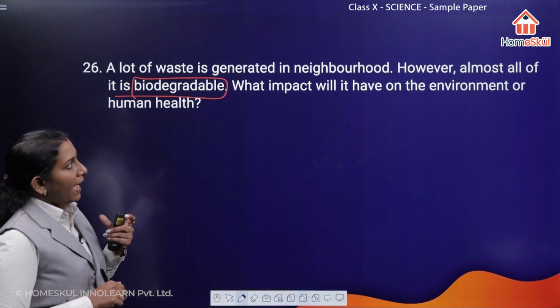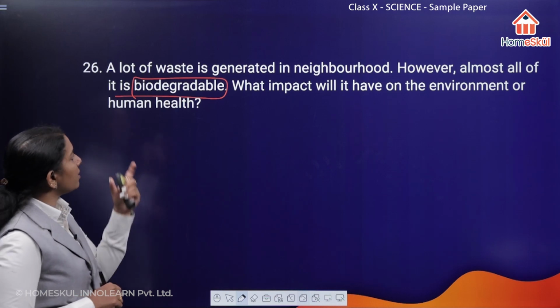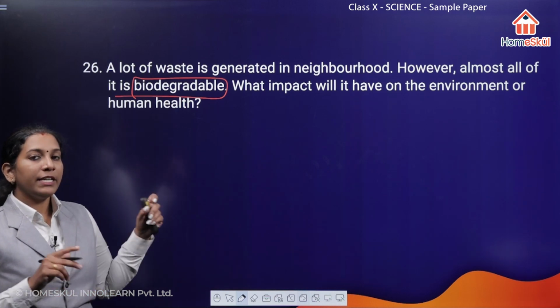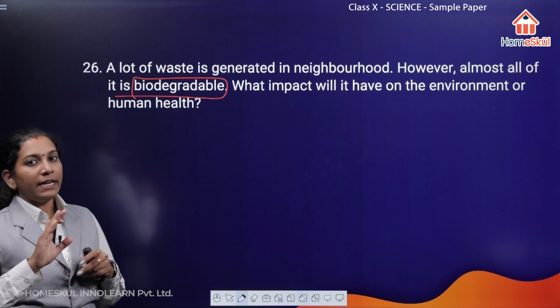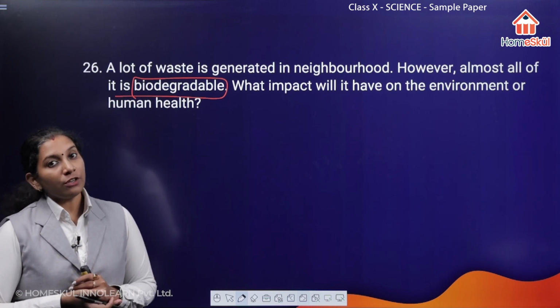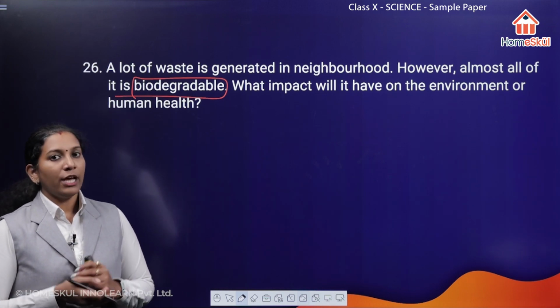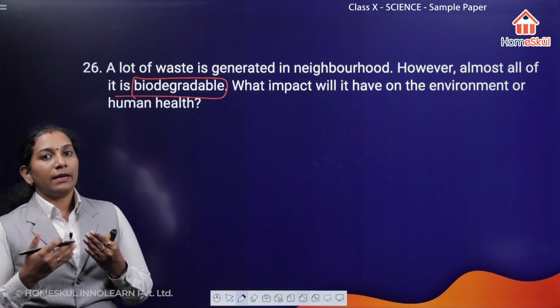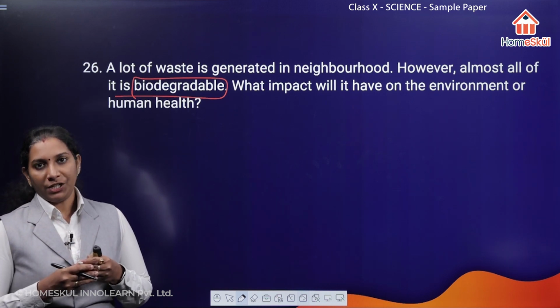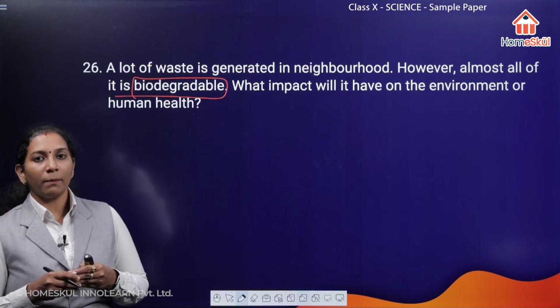Then, what impact will it have on the environment or human health? Biodegradable materials are okay, but their excess accumulation will badly affect the environmental condition. How will it affect our environment?